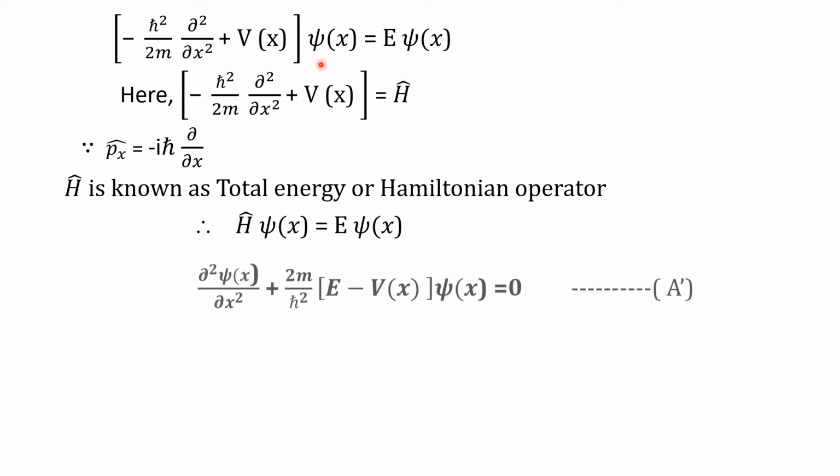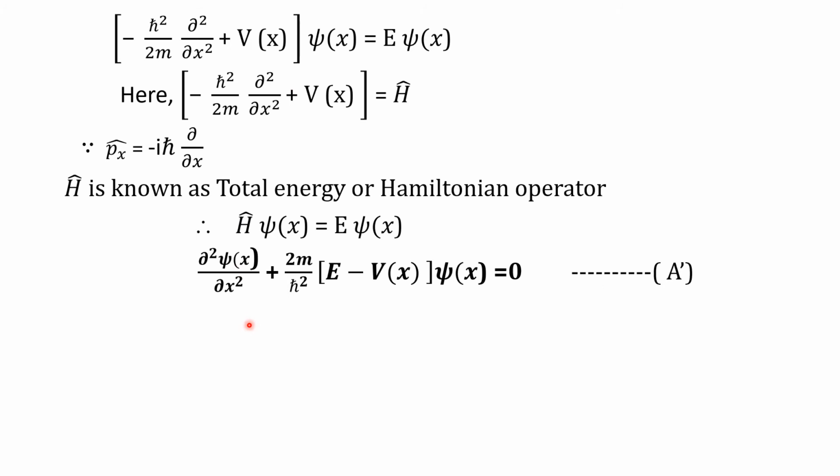We rearrange the terms and rewrite another form of equation A: del square psi of x by del x square, plus 2m by h cross square, this minus term we take on that side, 2m by h cross square E minus V of x into psi of x. This 2m by h cross square is outside, and inside the bracket the remaining term is E minus V of x, psi of x equal to 0.